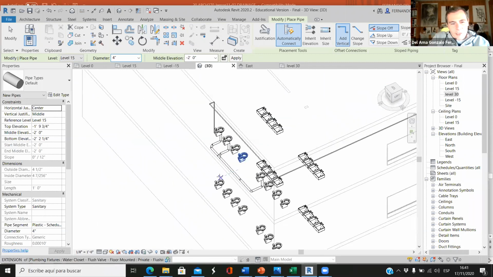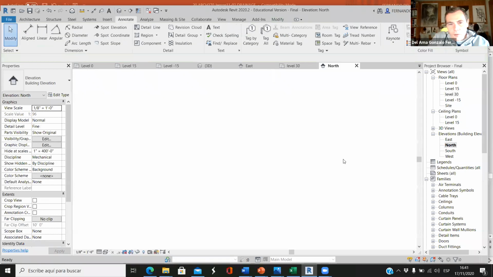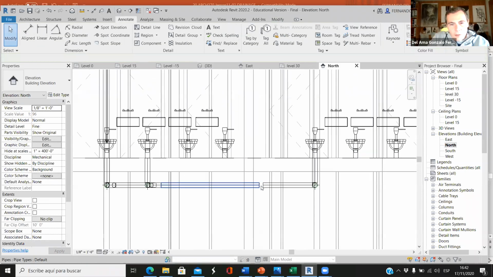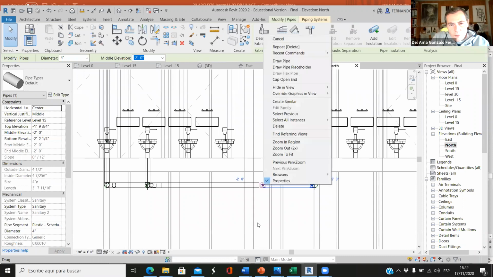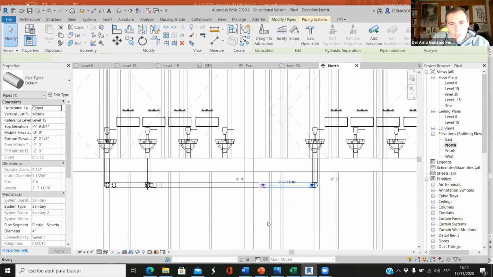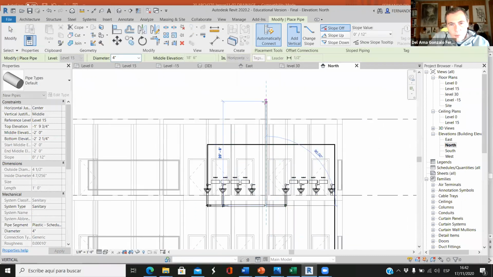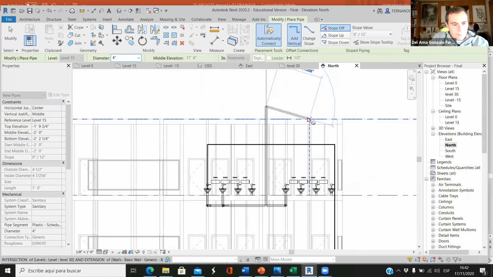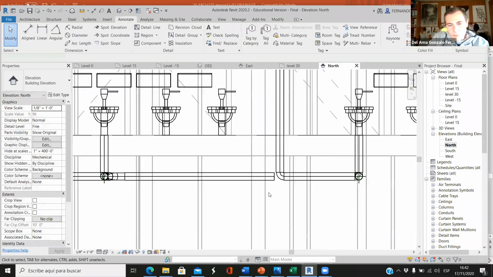For the vertical one, we can work with the north elevation. From this one, we need to draw pipe. We need both a vent stack and this elbow, which is not here.